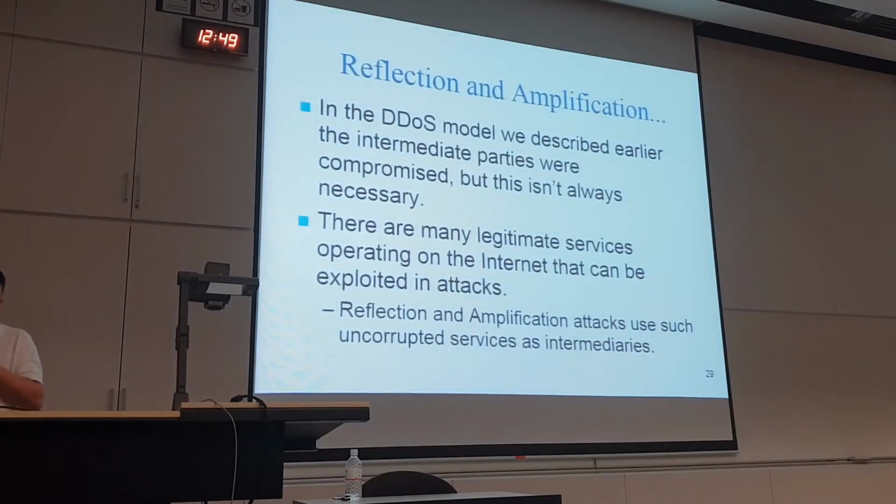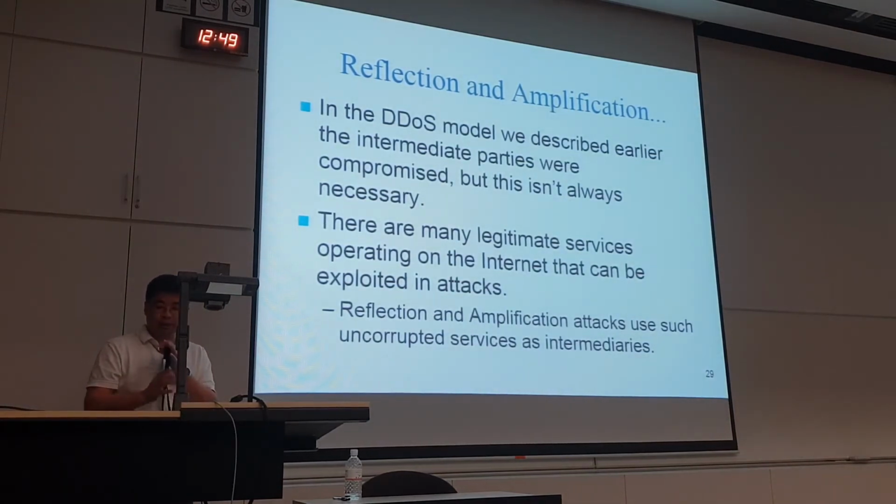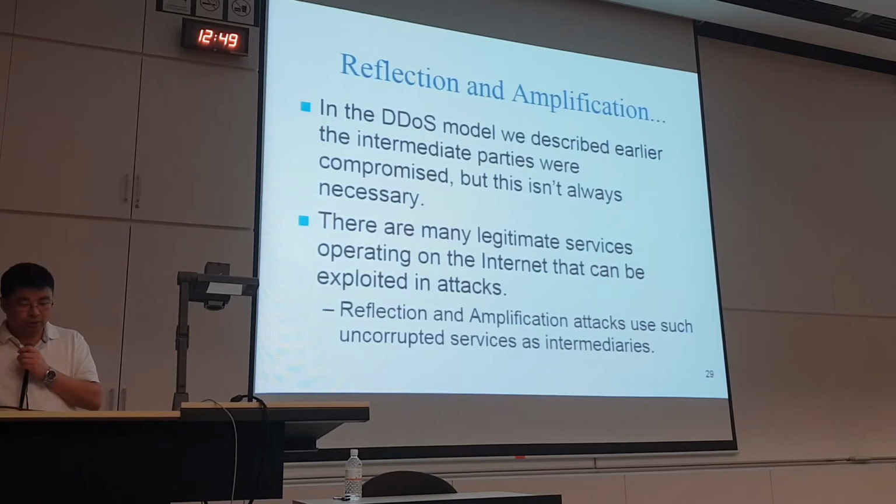But sometimes the attacker may not even need to infect those machines. The attacker may simply use clean machines on the network to perform the attack. One typical example is the reflection attack, which uses an innocent machine on the network as a reflector.